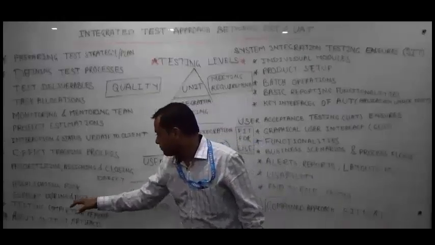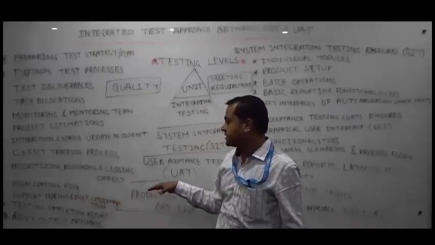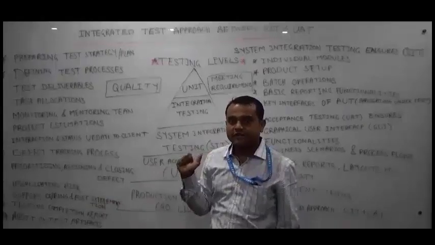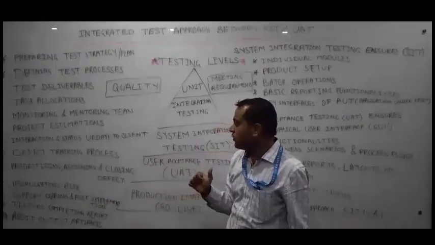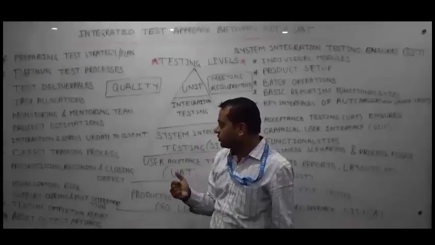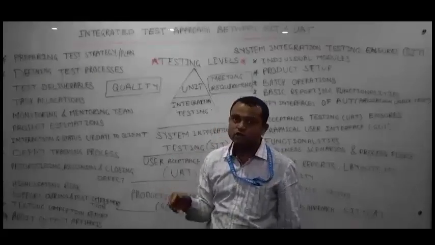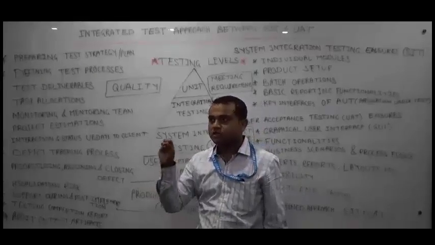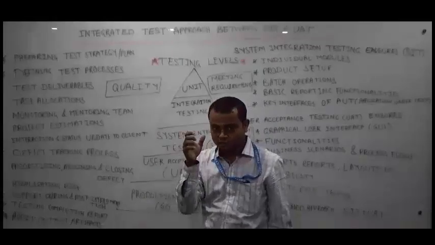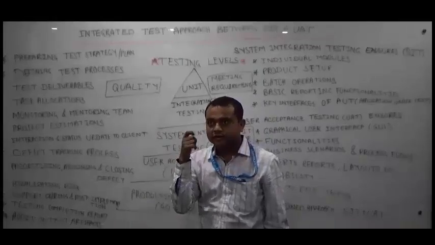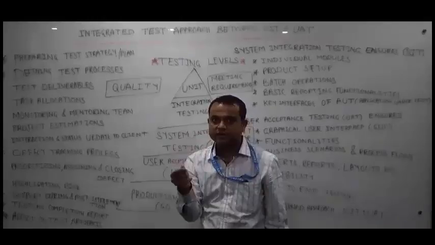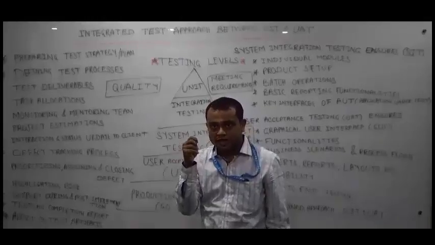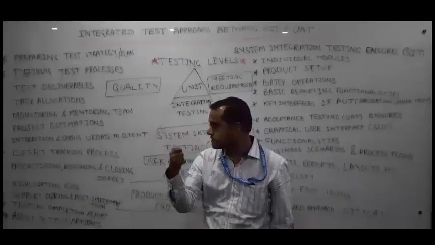Then support during post implementation. Suppose after UAT the product is going live, so we need to provide support during the implementation and also after implementation, because the customer is actually using that product. If there are any issues, we need to tackle them and highlight them to the stakeholders.